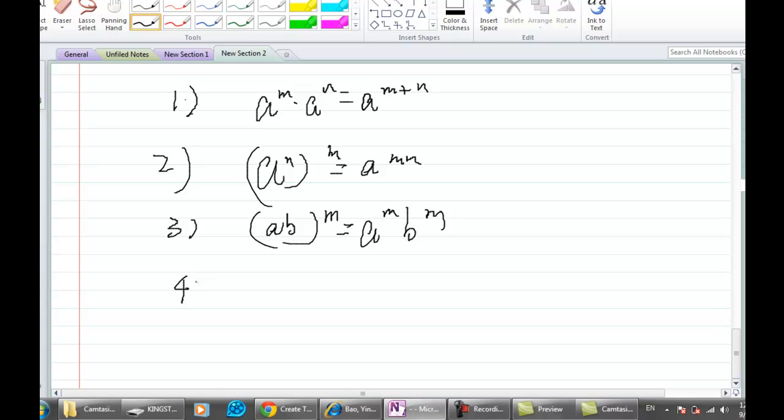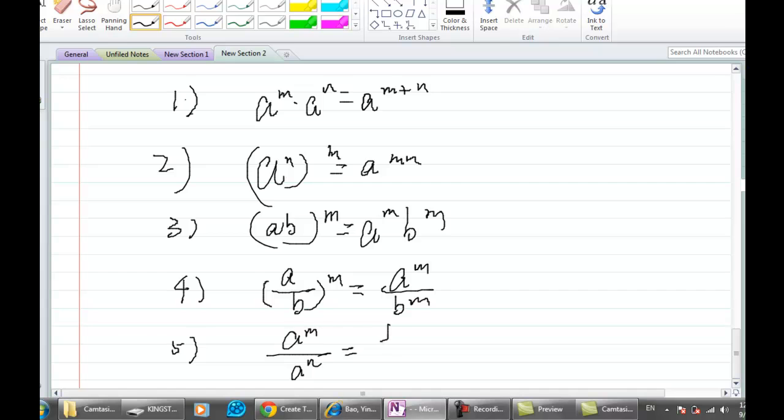So when we talk about fractions, there are also two relevant exponent laws here. The first one is this, and the last one is more difficult here, like this, with 3 different results.